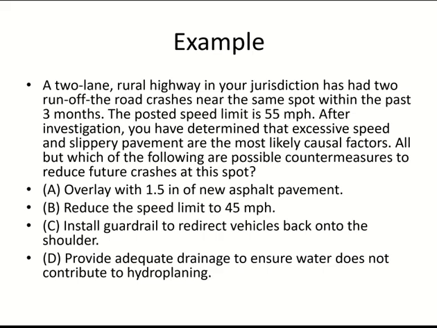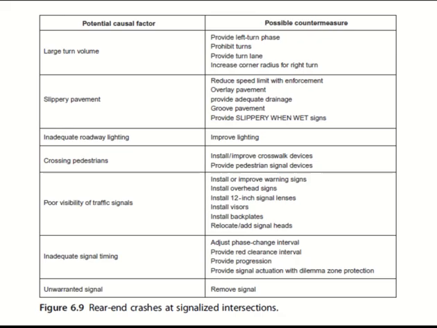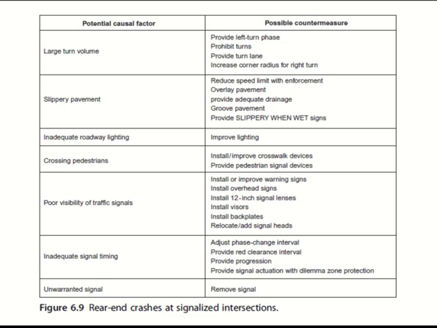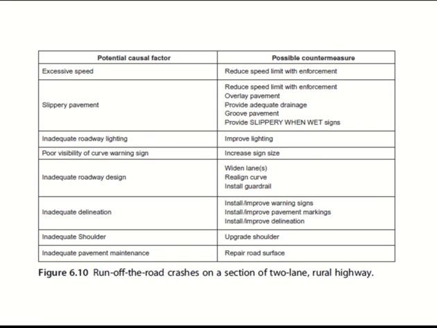Because the wet pavement means there is water on the pavement. That's why it's wet. So maybe there's a problem of drainage there. Which one? This one, right? Run off the roads. So we are looking at this situation, and we are looking at these two.